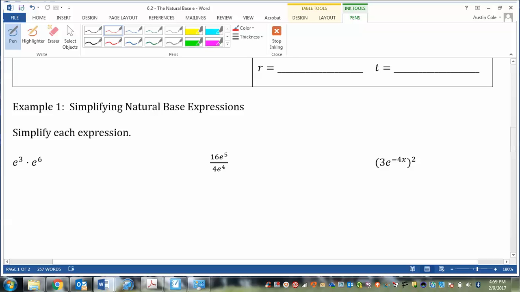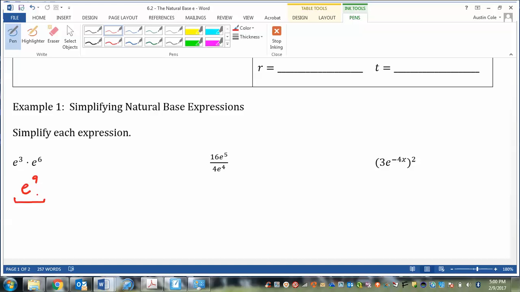So if I look at example 1 here, e to the third times e to the sixth, well, I'm going to add my exponents here and say that's e to the ninth. Now, I can evaluate that because e really is a number. Okay, we're going to keep it as e to the ninth because it's the most accurate way of writing the answer, but if needed, I could evaluate that in my calculator.